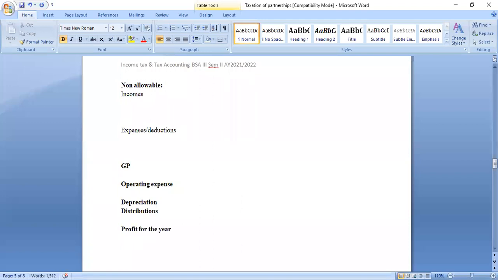Assuming we didn't have interest, we didn't have tax, the gross profit is, say, 40,000. Then in your operating expenses, you have depreciation of maybe 10,000, then you have distribution costs, say 15K. We're saying it to be 25, so you have 15 left as your profit.